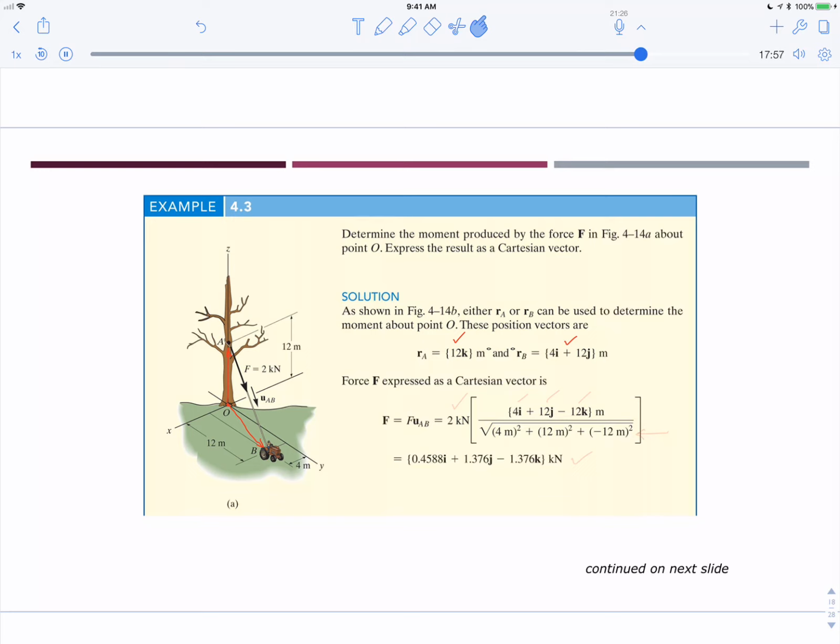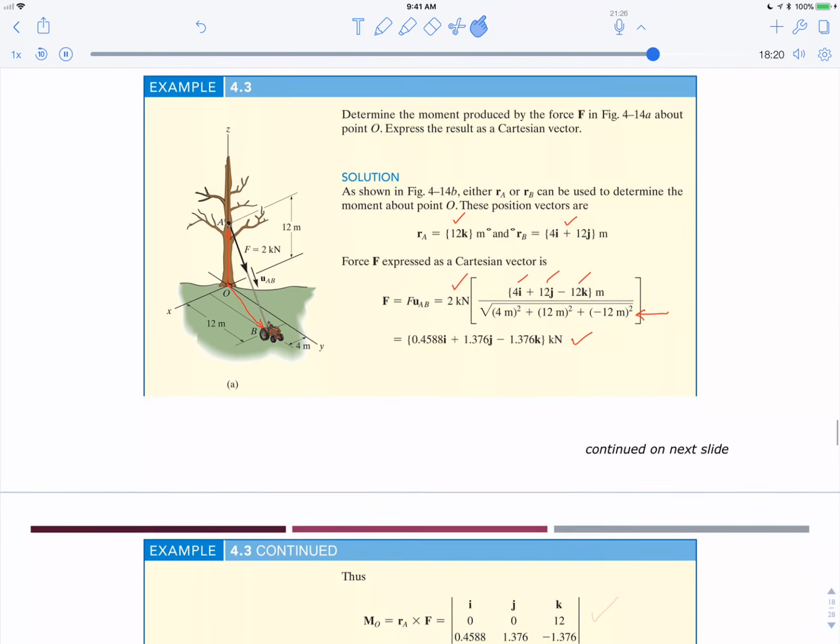We need the vector for F, so the force is 2 kilonewtons, and the unit vector from A to B is the vector from A to B, 4i plus 12j minus 12k, divided by the length, the square root of 4 squared plus 12 squared plus 12 squared, and you get this for the force vector.